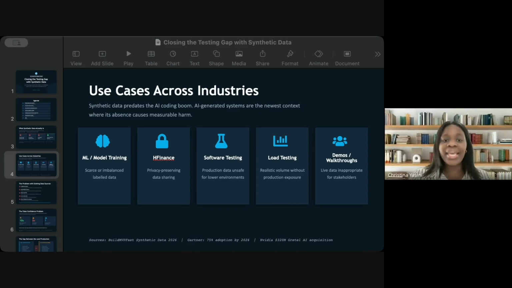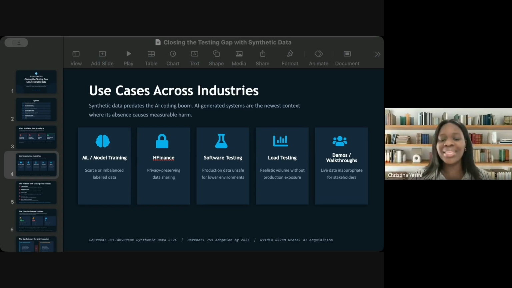The second case is finance, and specifically the privacy constraint that almost every financial institution operates under, where you cannot really use customer records in a development or a test environment. We have a number of compliance requirements that differ according to different countries and different markets that make this prohibitively risky. But you also can't build a credible system without data that reflects real financial behavior, real account structures, real transaction patterns.